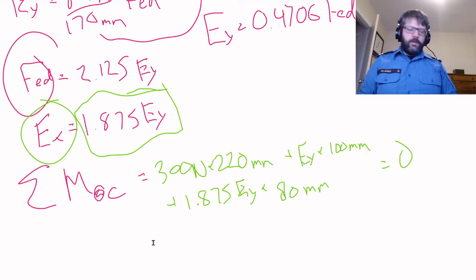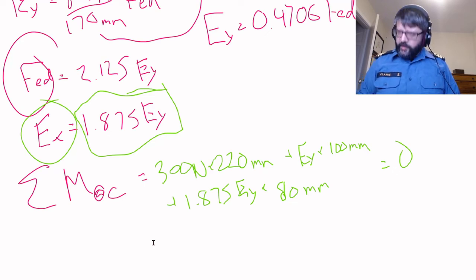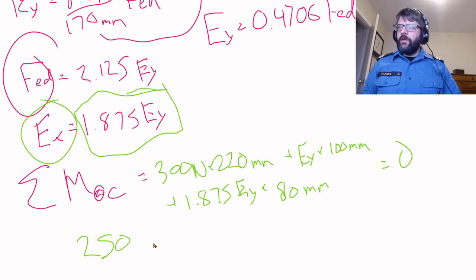So let's see here, 100 plus 1.875 times 80. So that'll be 250 millimeters EY plus 66,000 Newton millimeters is equal to 0.